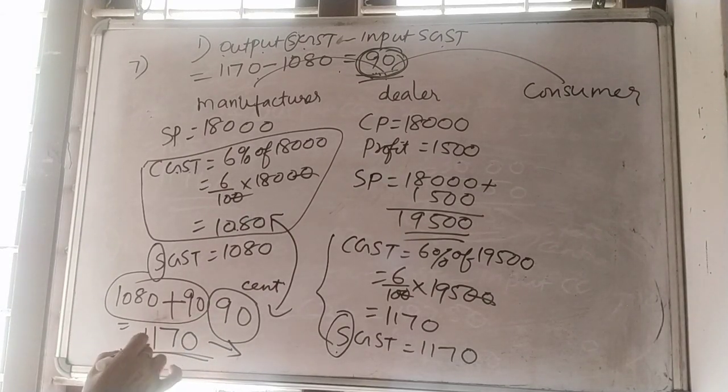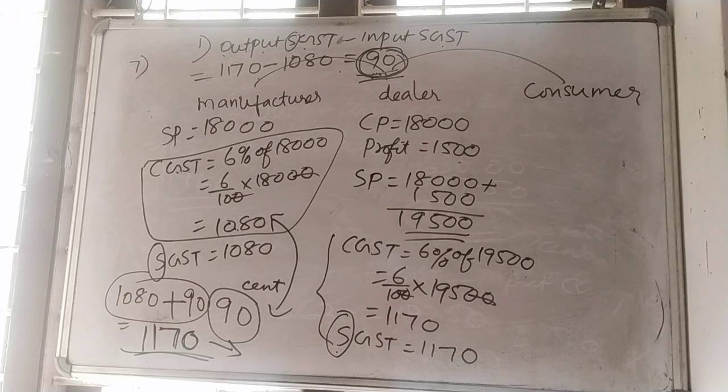We are giving half, no. So 1170 will be the amount of GST received by the state government. So second answer and third answer both are same, 1170.